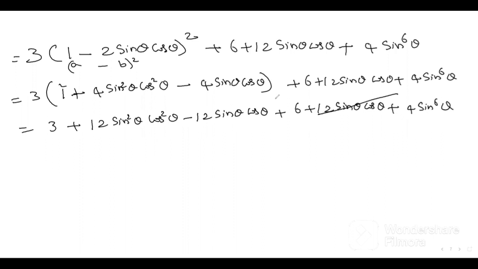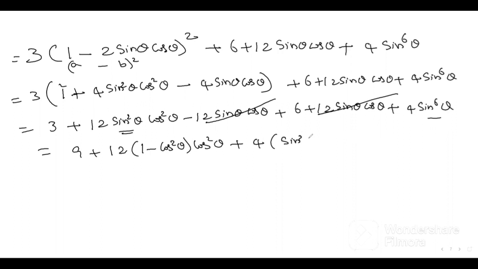The 12 sin theta cos theta terms get cancelled. 3 plus 6 is 9, plus 12 times sin square theta cos square theta, where sin square theta is 1 minus cos square theta. 4 times sin to the power 6 can be written as (sin square theta) whole cube.